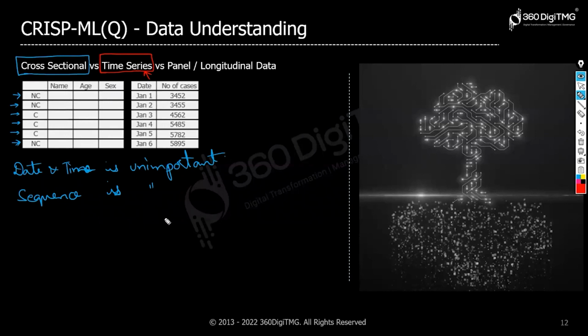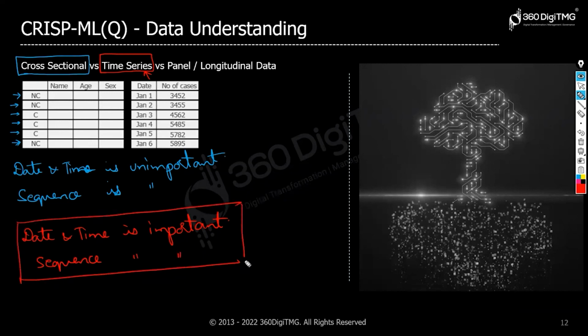And you can arrange the data in a sequence because you have the variable called date and time. So when date and time becomes important, and since you have a date and time variable, you can sort the data in a sequence, and hence sequence becomes important. This kind of dataset, wherein date and time becomes important and hence the sequence in which you arrange the data becomes important, is called a time series dataset.